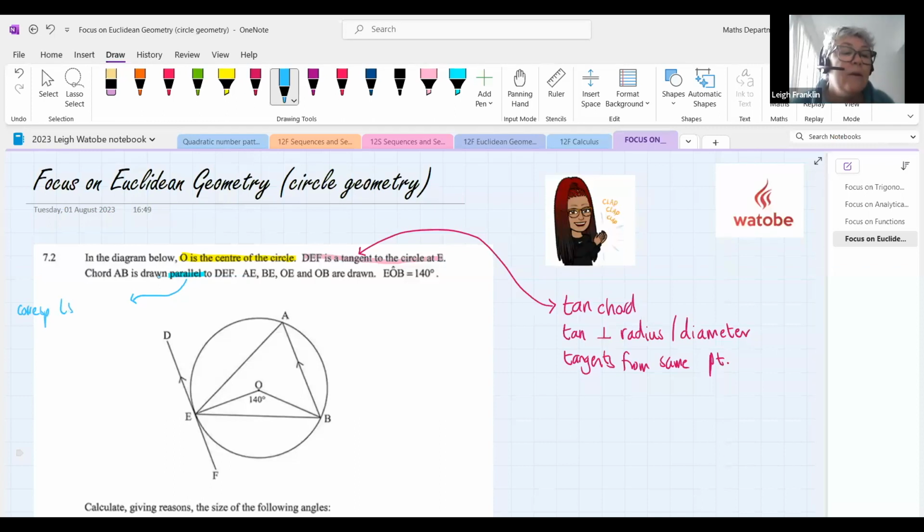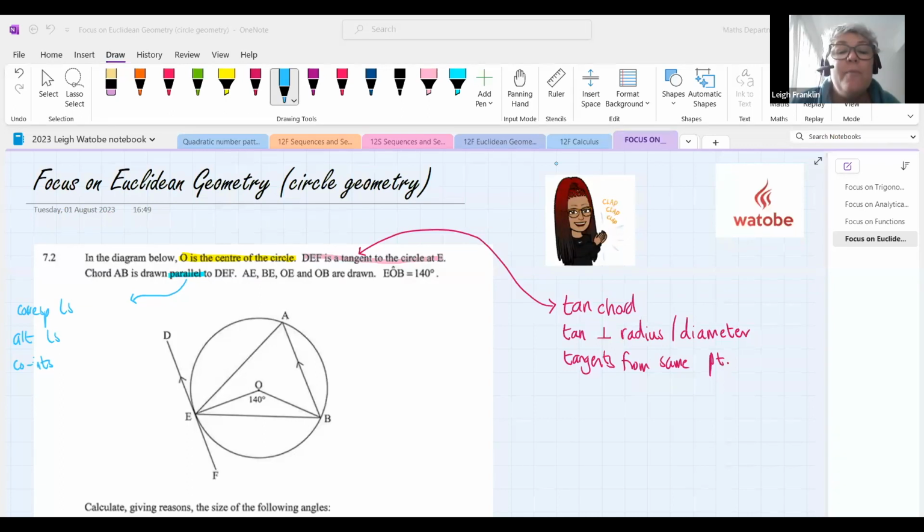Can anybody name another type of angle that is created when we have parallel lines that could be important to us? Alternate angles, absolutely. Alternate angles will be equal when lines are parallel. And of course, we could have co-interior angles, although that would be less important to us at this stage.